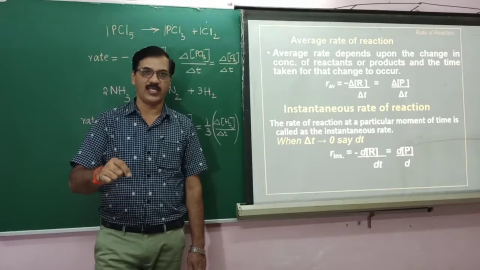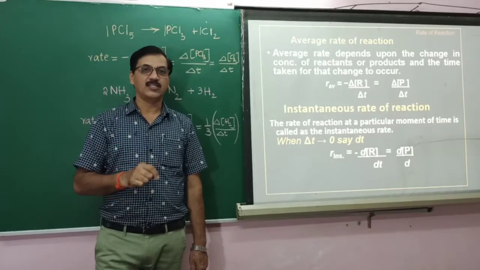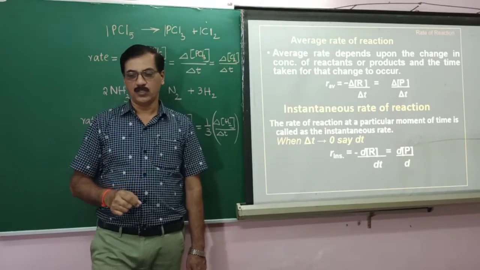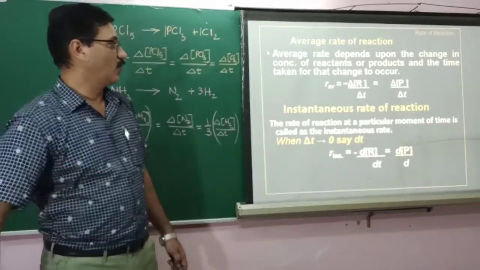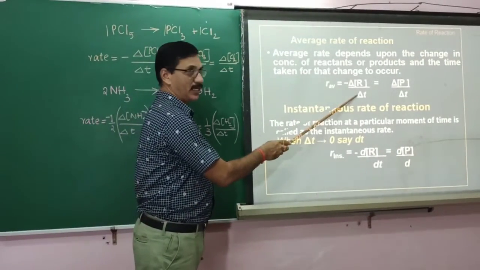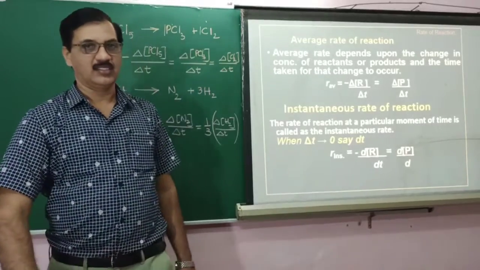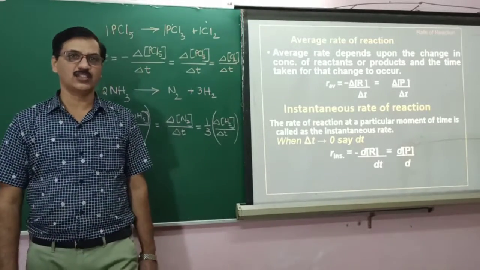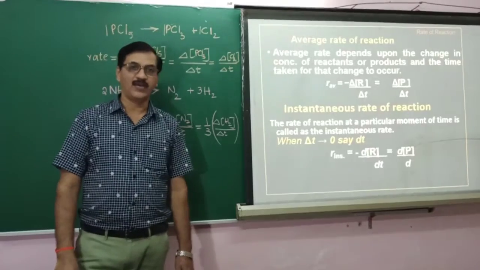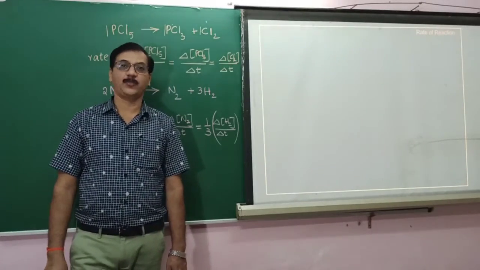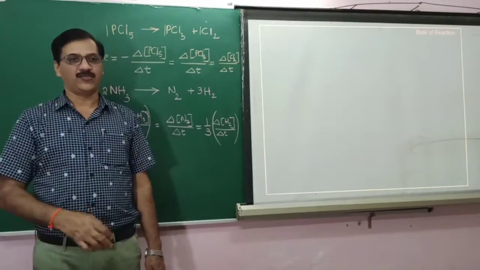If you are able to find that out, that is the instantaneous rate of the reaction. So the only difference is the way of expressing this. Delta is used here, and here dR by dt. This is useful to define the differential expression of the rate of the reaction.